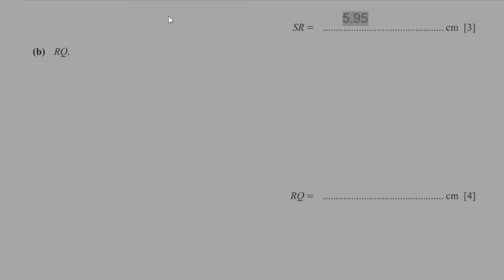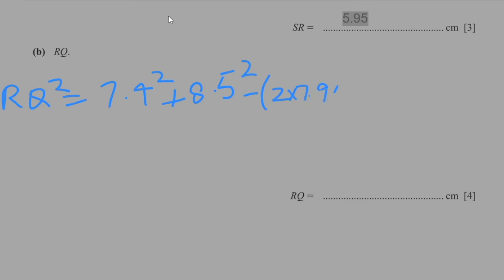And after substituting the values, we have RQ square is equal to 7.4 square plus 8.5 square minus 2 into 7.9 into 8.5 into cosine 26.